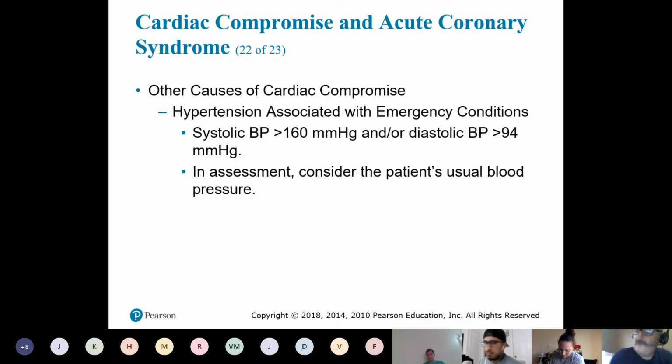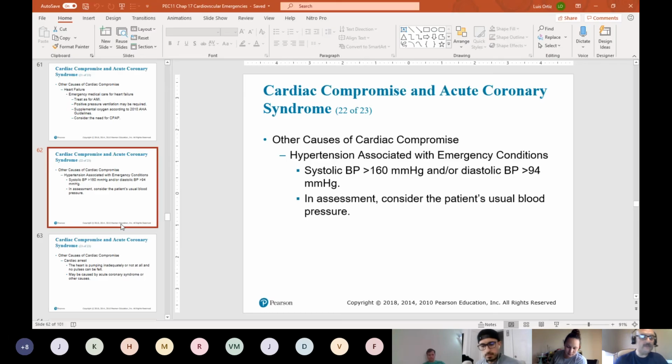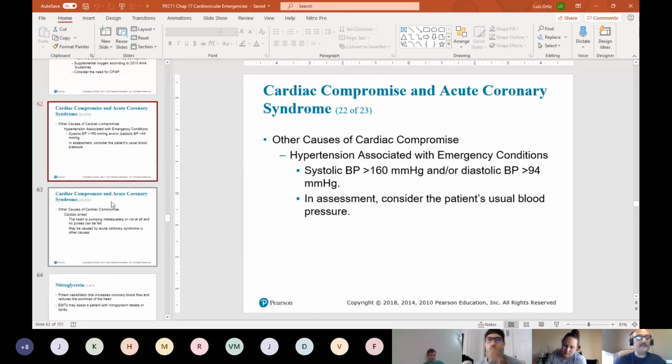What's the danger of a high blood pressure? The danger is all that pressure building up. We're going to get pressure against arterial walls.